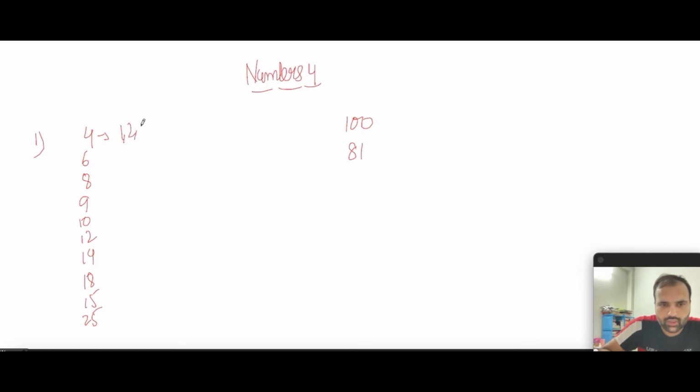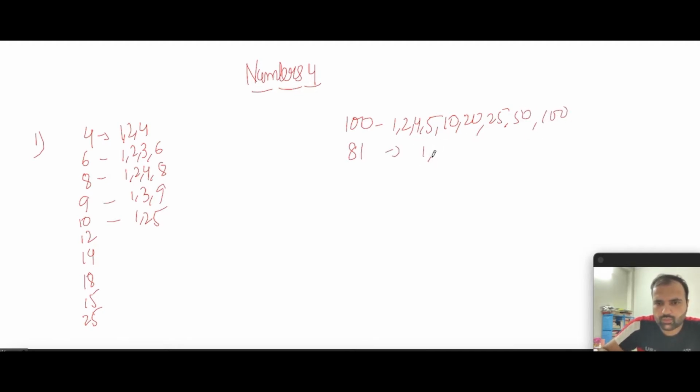It would be 1, 2, and 4. For 6, 1, 2, 3, and 6. For 8, 1, 2, 4, and 8. For 9, 1, 3, 9. For 10, 1, 2, 5, 10. And let's do some big numbers. For 100: 1, 2, 4, 5, 10, 20, 25, 50, and 100. And for 81: 1, 3, 9, 27, 81.